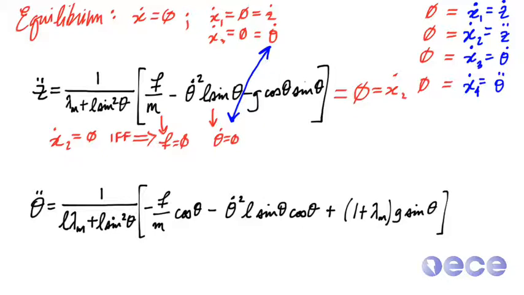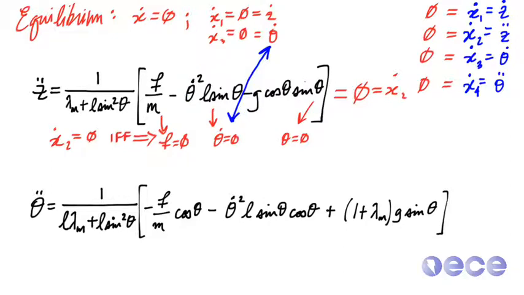And for the third term, g cosine theta sine theta, we must have a value of theta equal to 0 here. So in the second term, we could have a different value for theta because theta dot is going to be 0. So that's going to allow us to have a 0 for this term regardless of the value for theta.